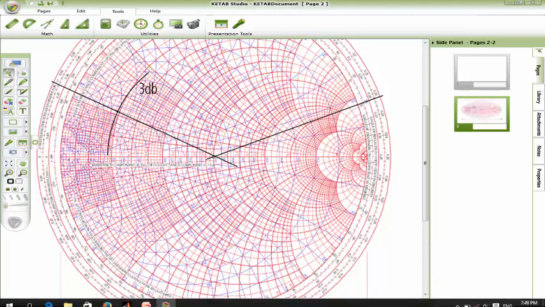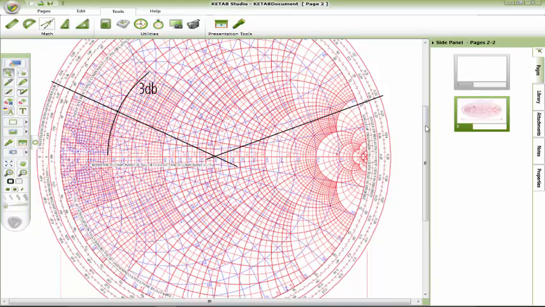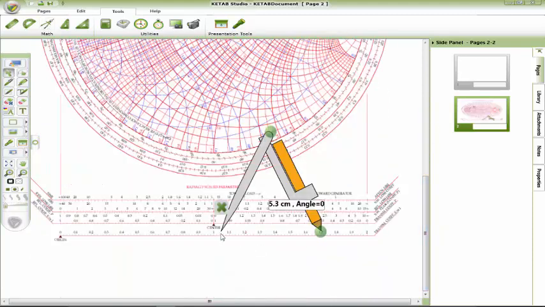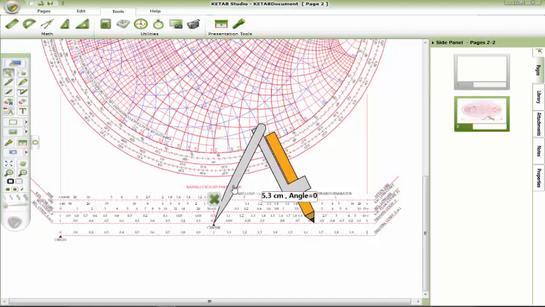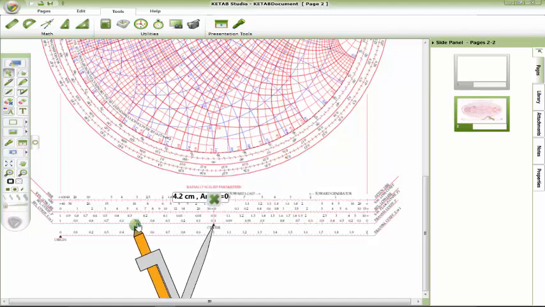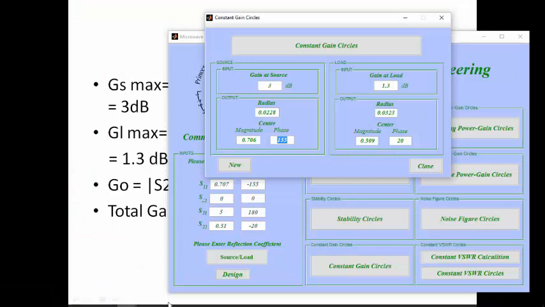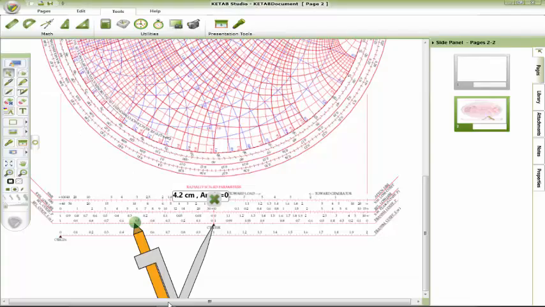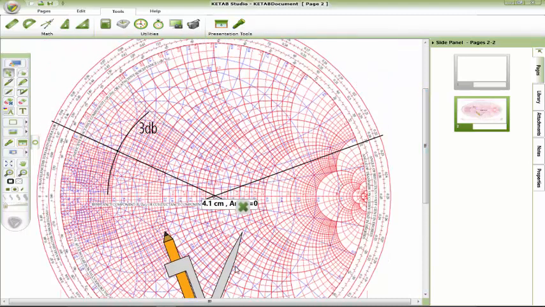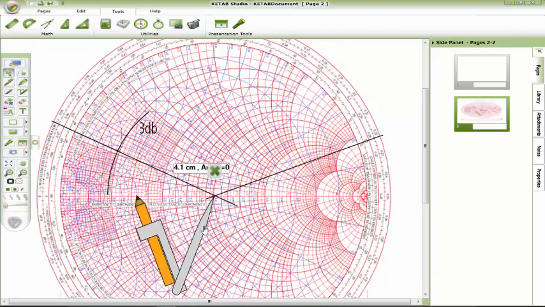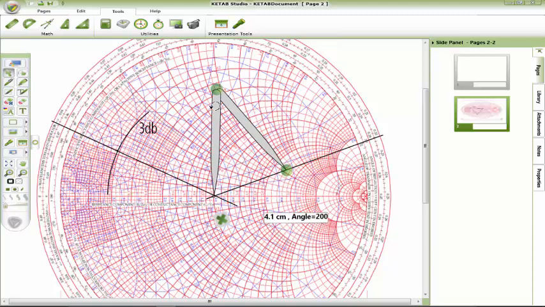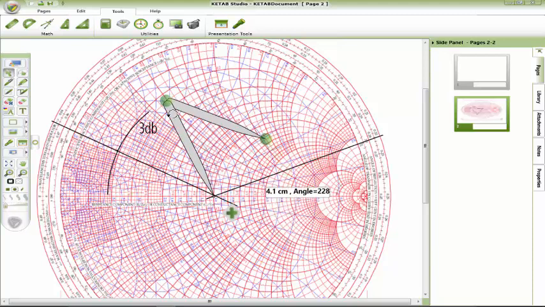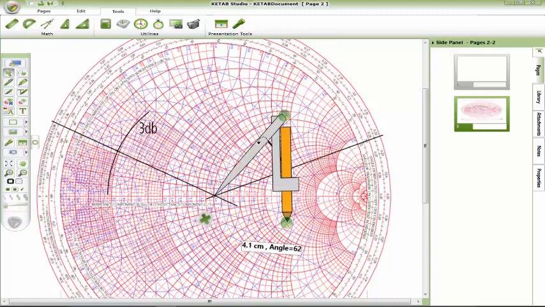Then we take the compass and put it at the center and open it to 0.5. We put it here and draw another bow.